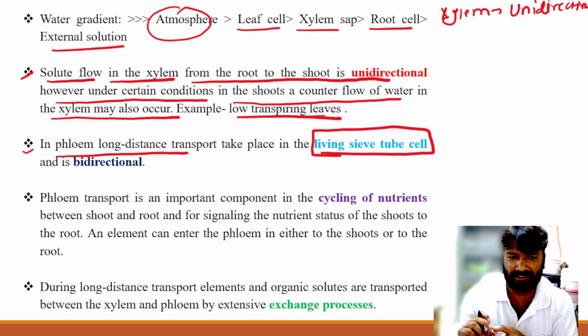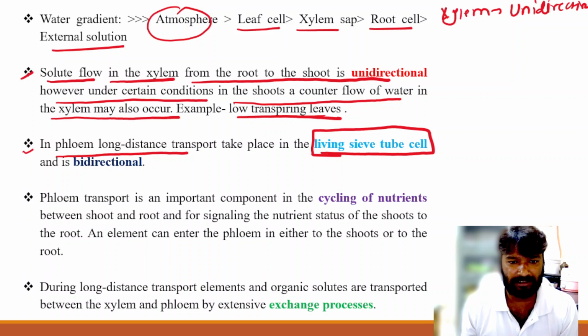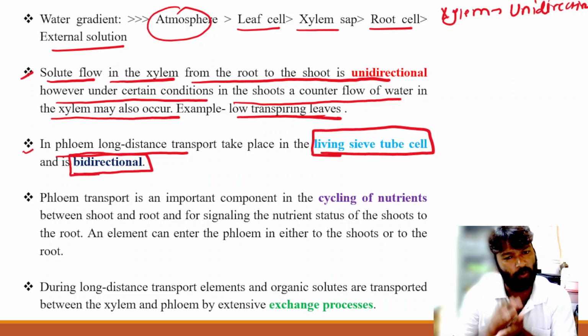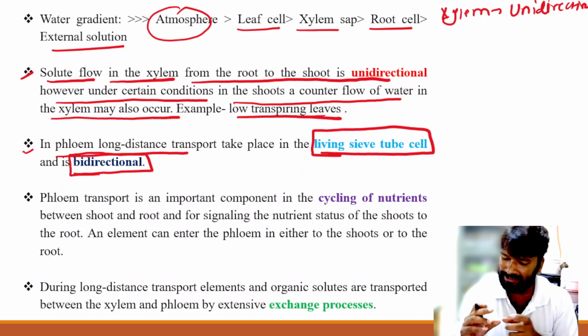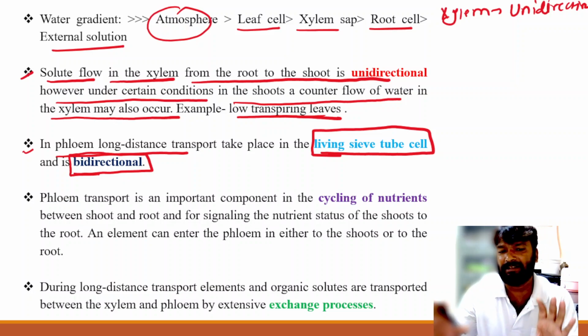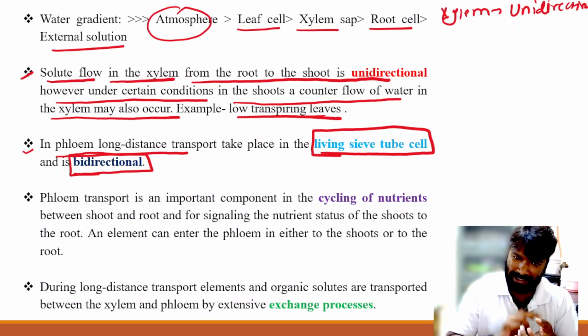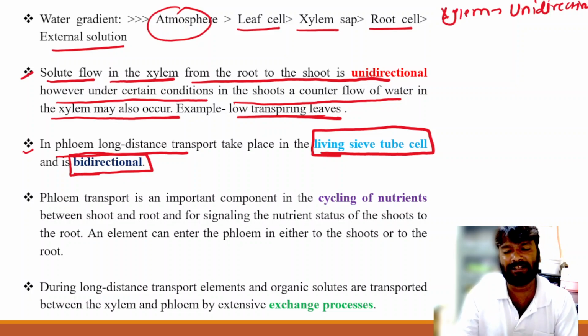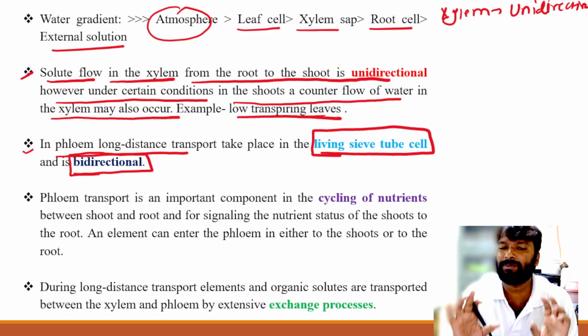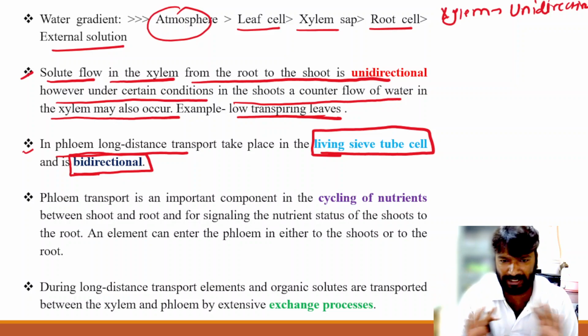Sieve tube cells, and this process is bidirectional. So the transport of nutrients is unidirectional in the xylem and bidirectional in the phloem. Both dead, non-living cells like xylem vessels and living cells known as sieve tube cells are involved. So the difference between water and nutrient transport is very clear.